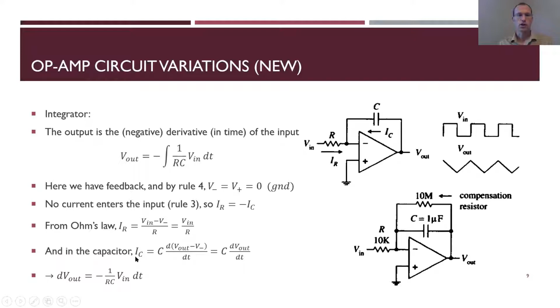And then the current in my capacitor is C times dV over dt, where the voltage across the capacitor is V out minus V minus, which is 0. So C dV out dt. I solve that for dV out: negative dV out equals 1 over RC, negative 1 over RC times V in times dt. And then obviously you integrate that to get the integral.